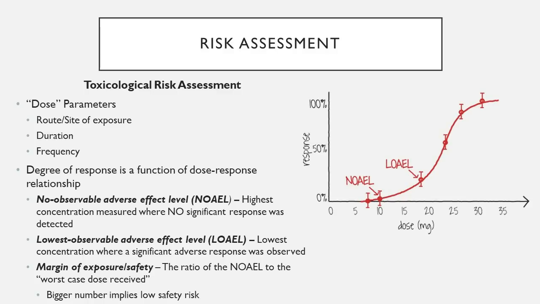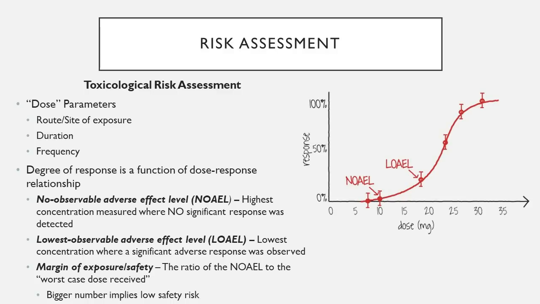So whether it's a long-term implant that's meant to stay in for 10 years, or a catheter that's meant to be repeatedly exposed to a patient every day, those things can all change the frequency and thus the dose that a patient might be exposed to. A dose-response relationship is thus created by plotting some quantifiable response or adverse event along with any number of doses that you want to test.